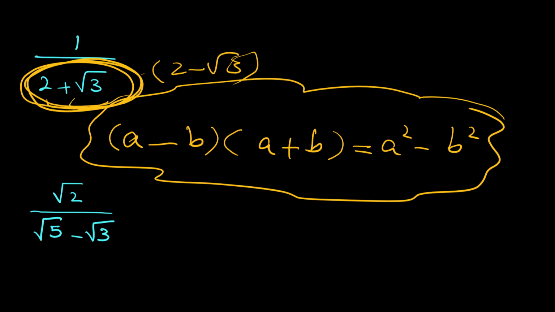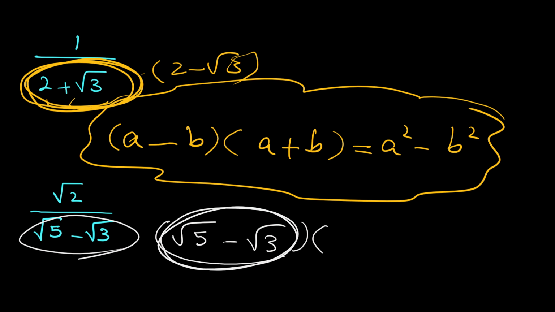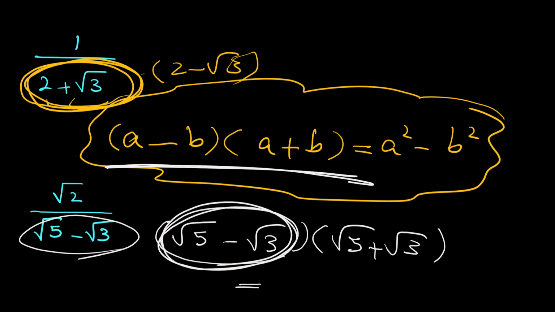But what is the relation between this identity and rationalizing the denominator? Please pay attention. Let's say we have radical 5 minus radical 3, like here. If we multiply this expression by its conjugate, which is radical 5 plus radical 3, what happens? Remember this identity.